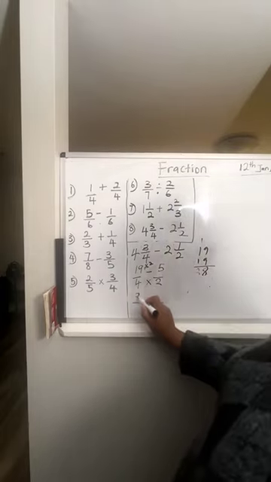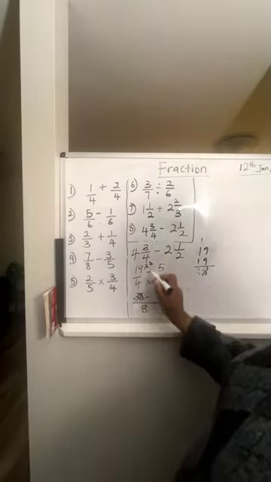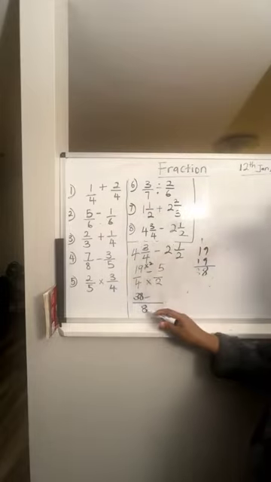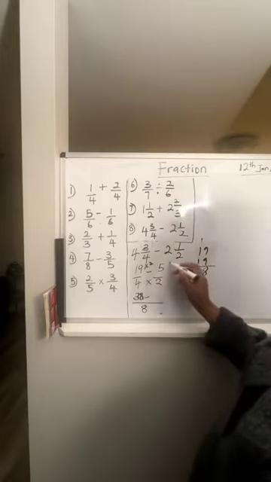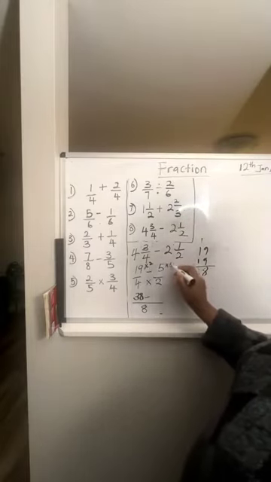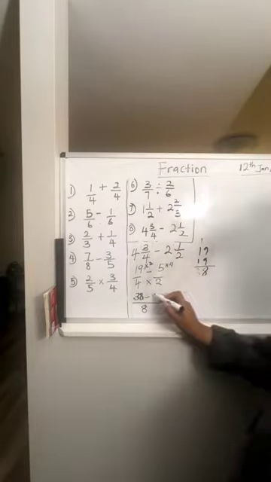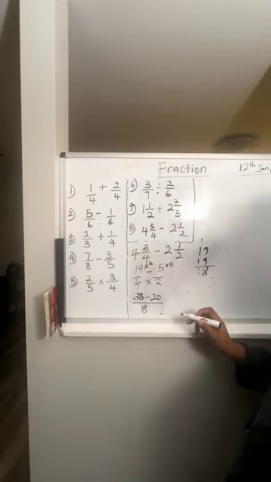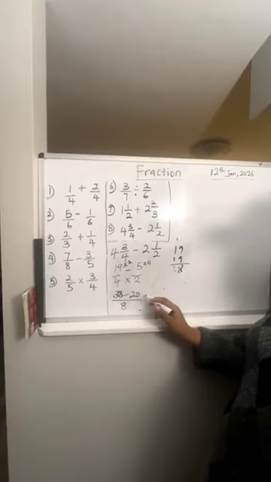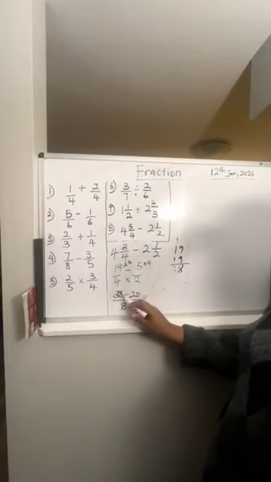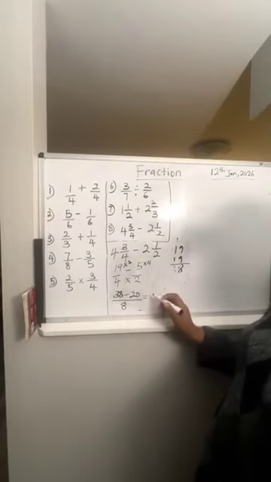You put your 38 minus 8 divided by 2 will give you 4. 5 times 4 will give you 20. So, as you can see, we have 38 minus 20.